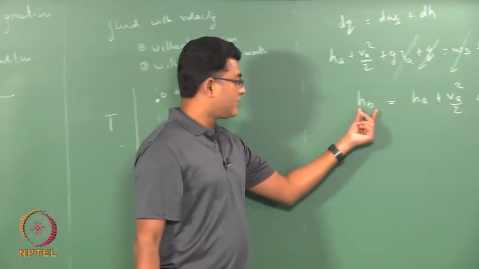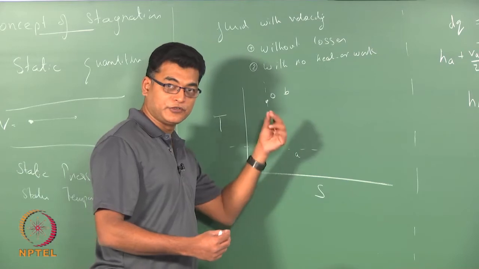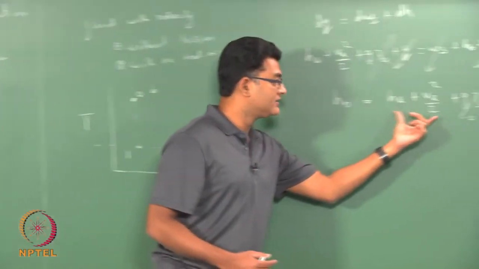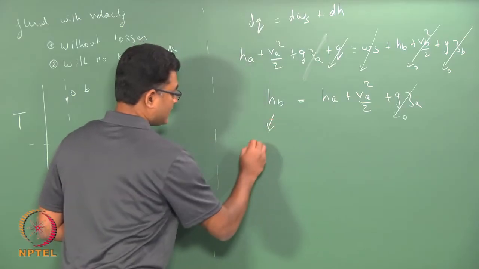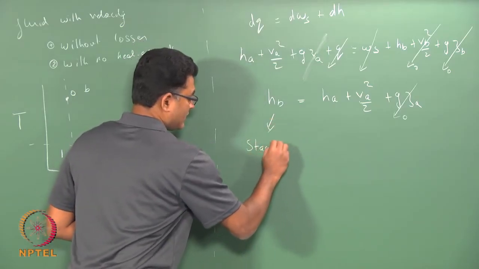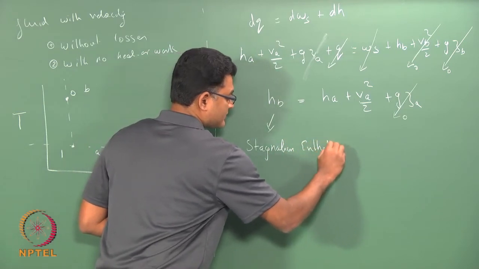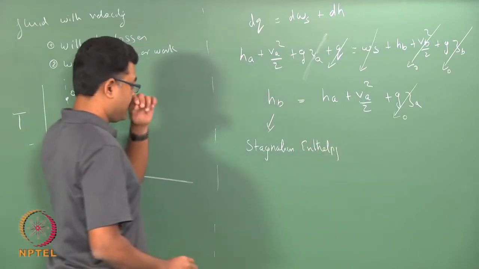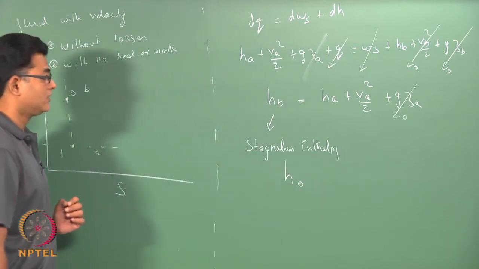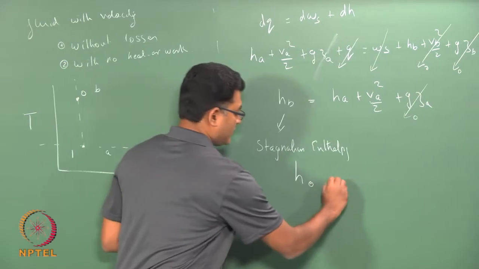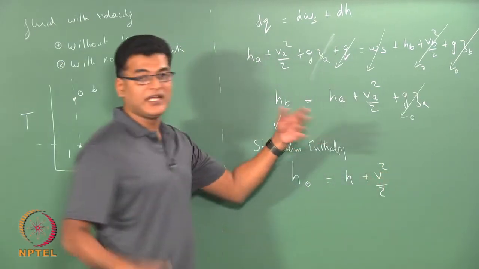The enthalpy of point B, where I have brought my fluid to rest isentropically, is given by this. I call this my stagnation enthalpy, which is typically denoted as h0 equals h plus v square by 2 for any point.